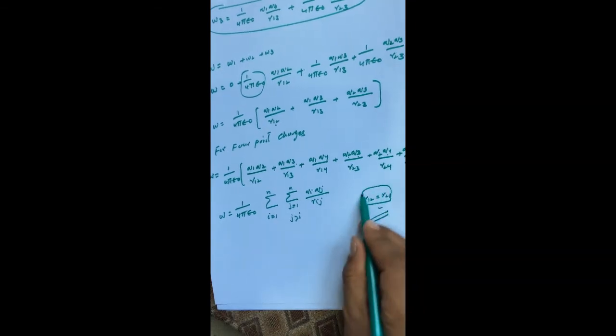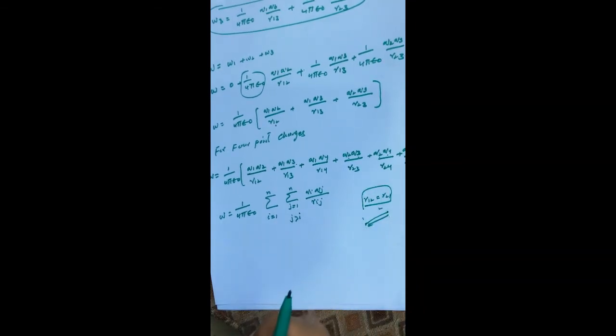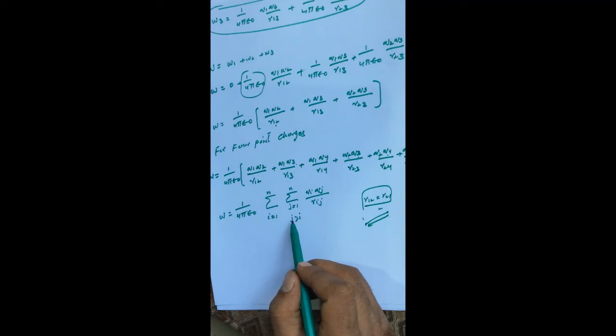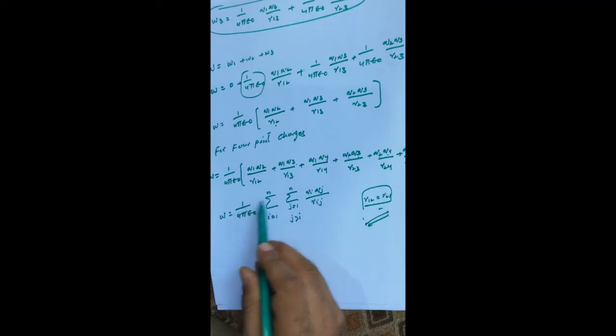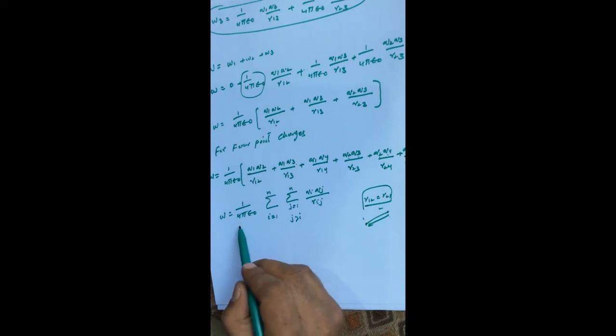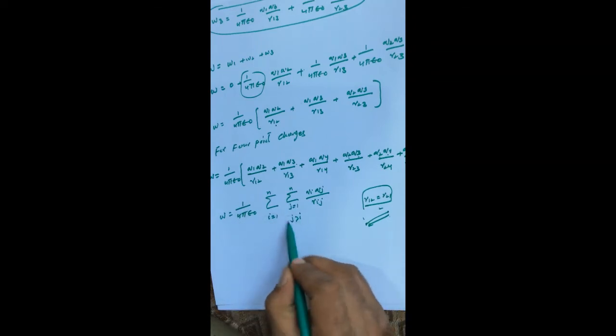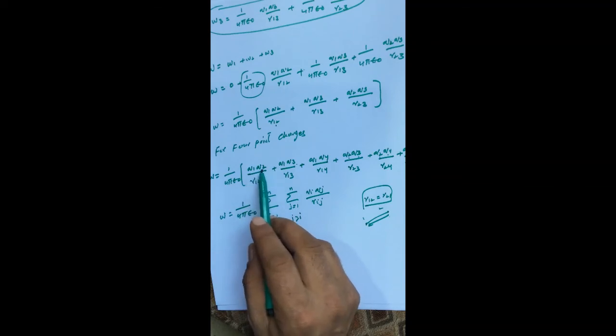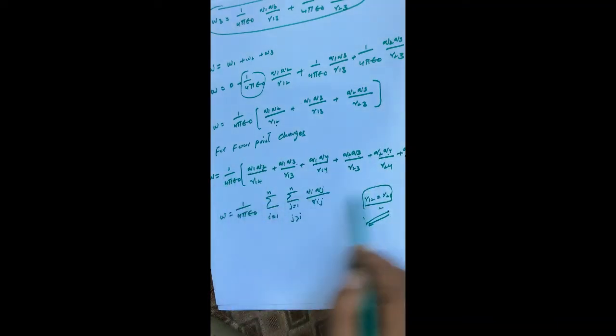So the same terms cannot be counted twice, that's why I put this condition here. If I count the same term twice, then I have to divide this whole expression by 2. Also there is one more condition, that j is not equal to i is included here, because a term like Q1 over R11 squared is not in this expression.